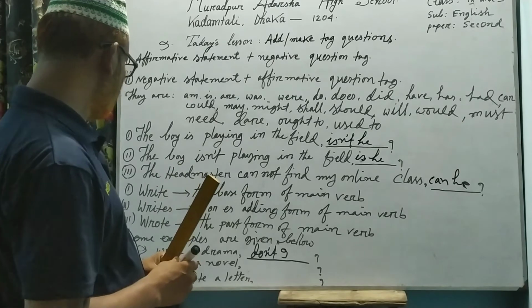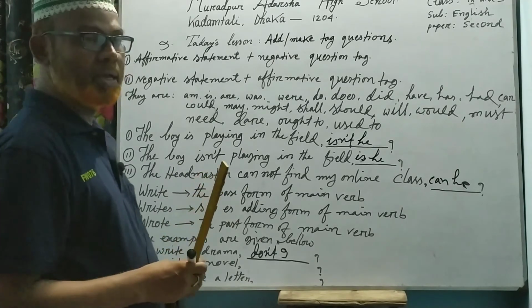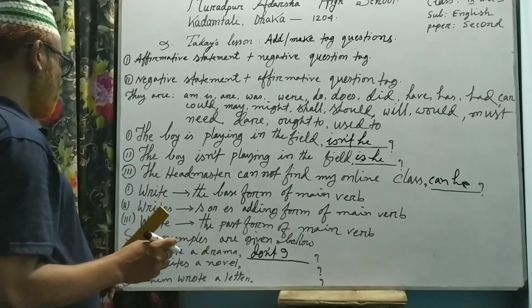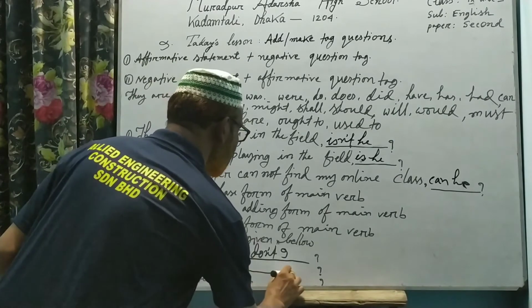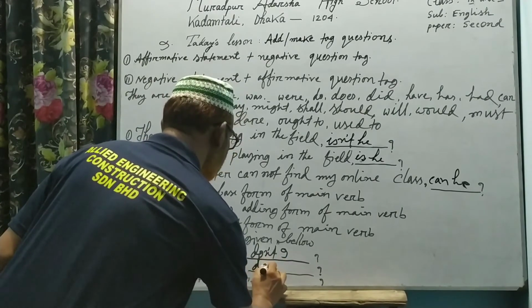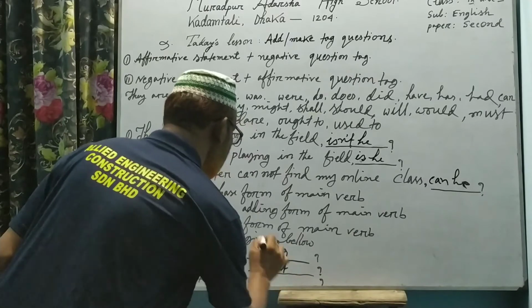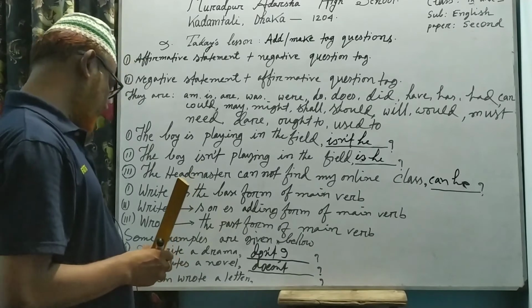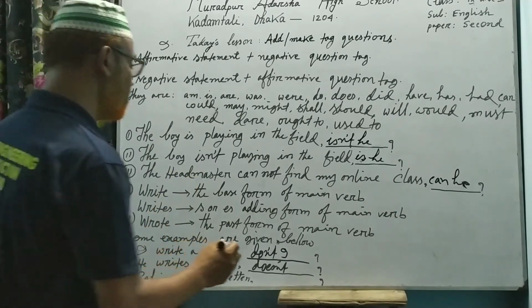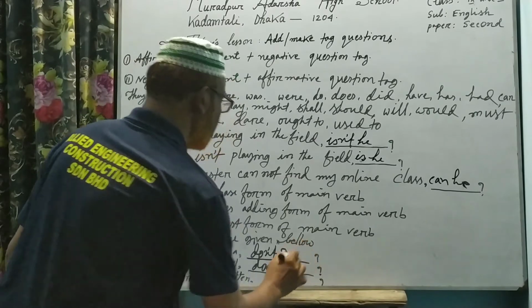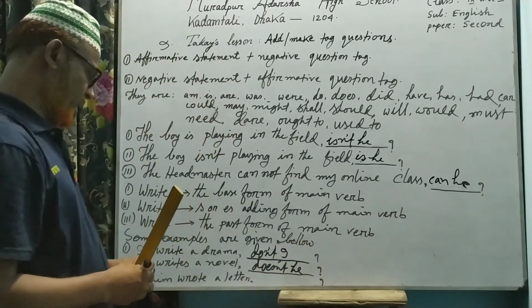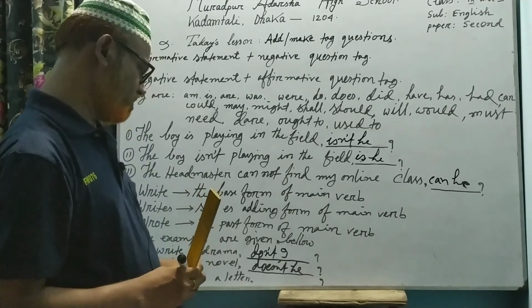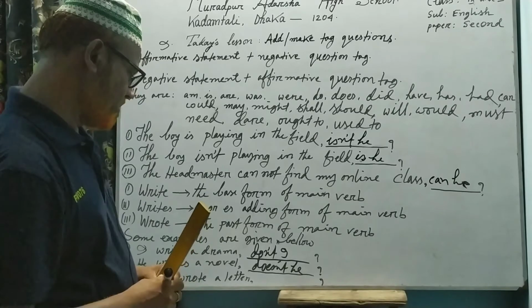So, the rules of making tag question: doesn't will sit in the tag question, and pronoun he will sit. Lastly, question mark will sit.